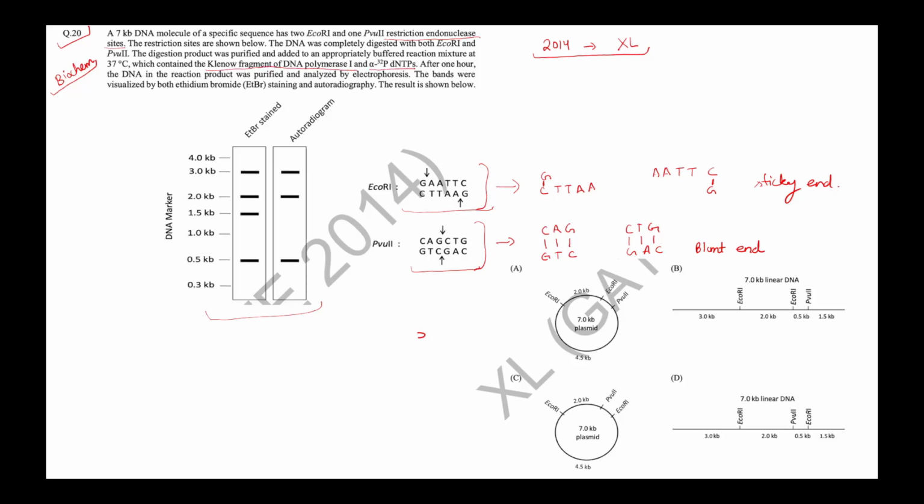So these dNTPs are radiolabeled. That means wherever these dNTPs get associated, those fragments will become radiolabeled. In whichever DNA fragment these dNTPs associate, it will make them radiolabeled DNA.